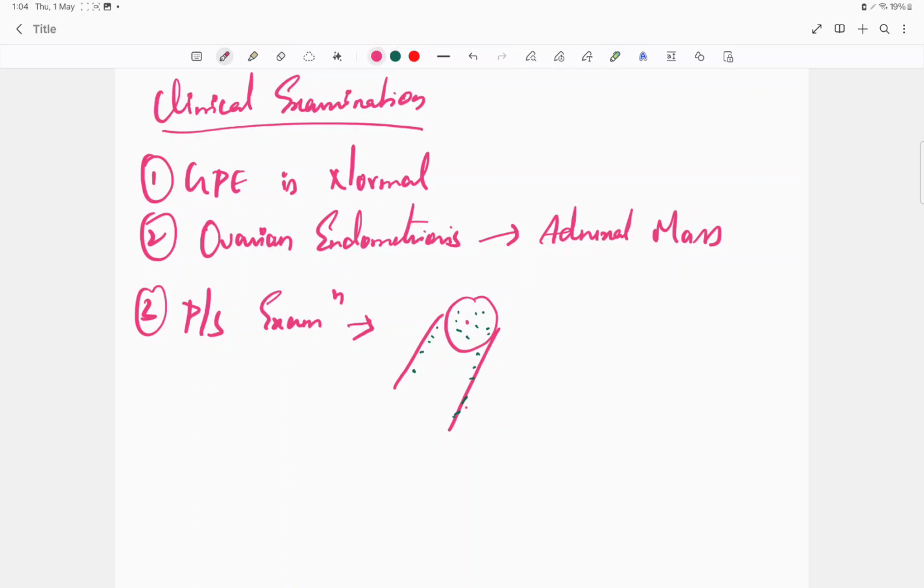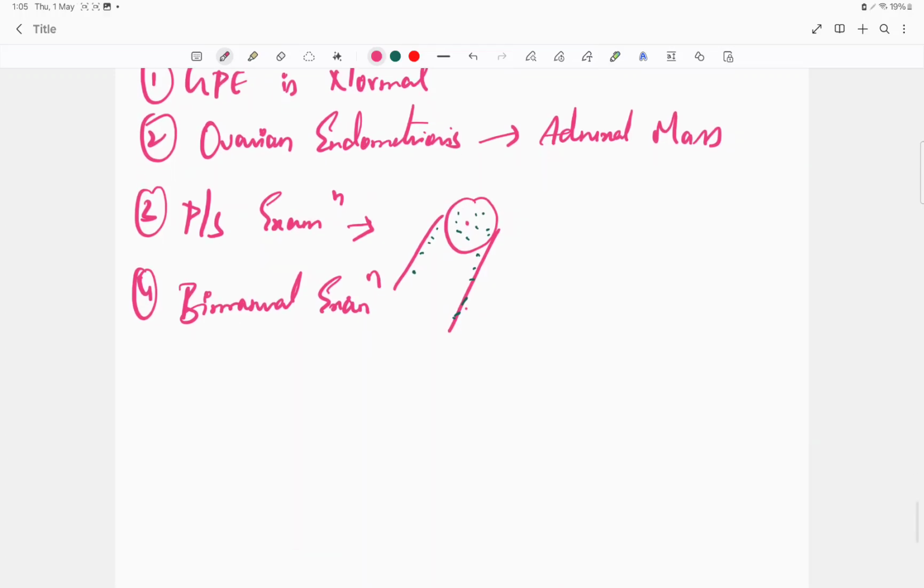And next, in the bimanual examination, I hope you people know what is bimanual examination. You keep one hand inside the vagina and one hand on the abdomen. In the bimanual examination, what you can see is tender nodularity.